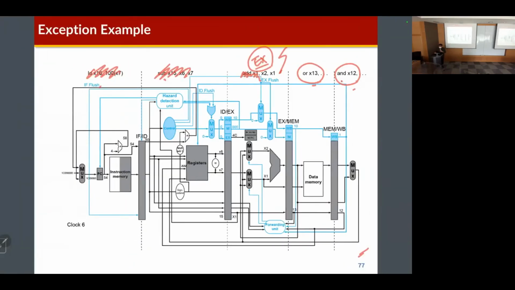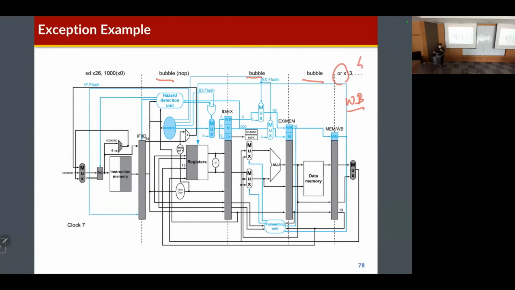The AND instruction is already in the write back stage, so the execution of this AND instruction is completed. And then at the next cycle, the OR instruction is in the write back stage, which means that the OR instruction is also completed. And then this is the SD instruction, the store instruction.